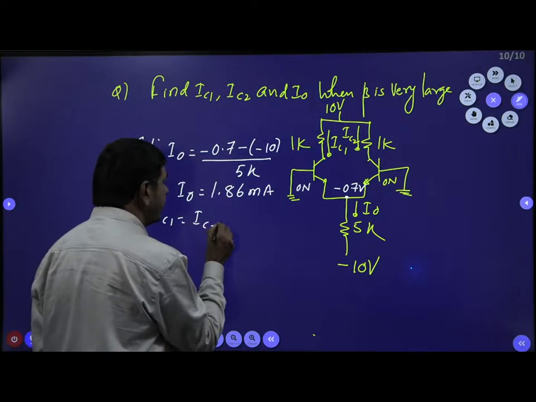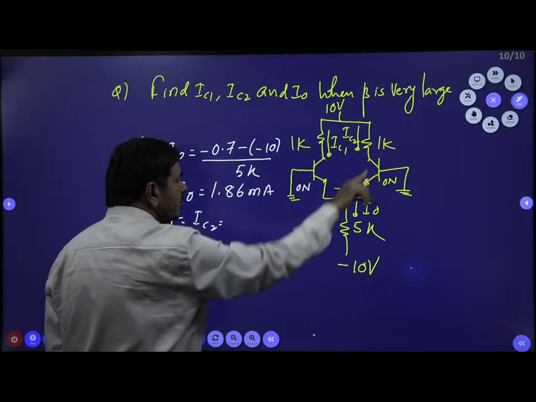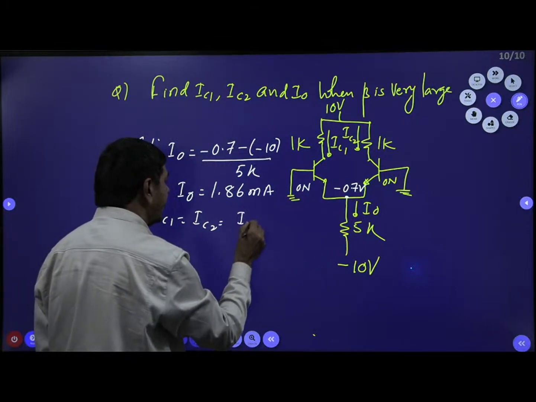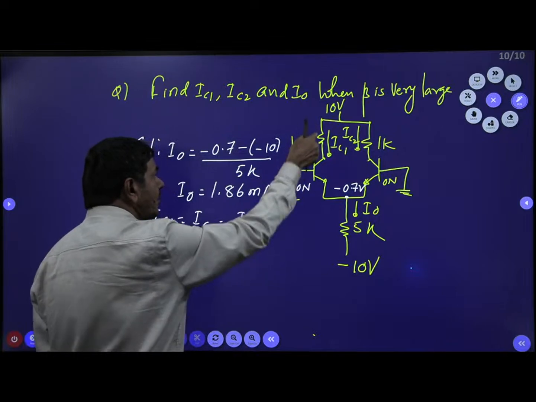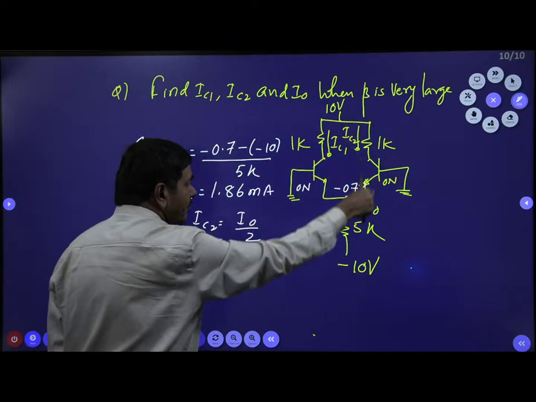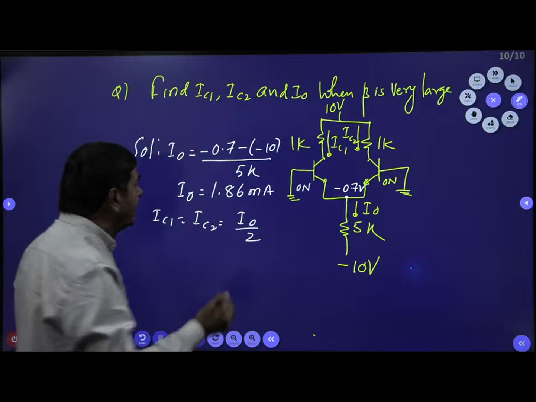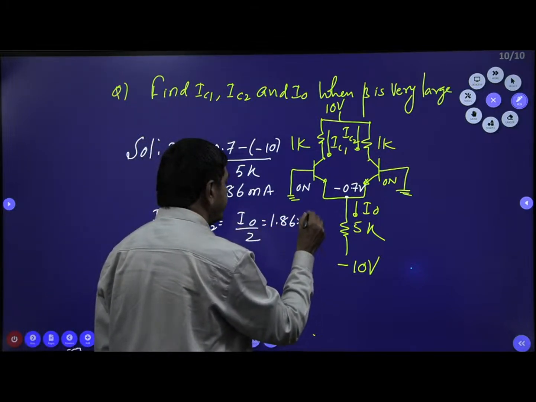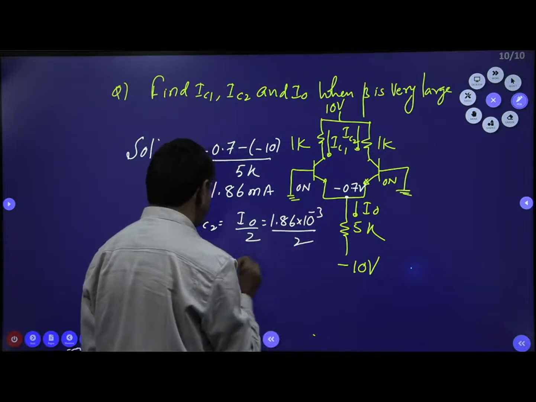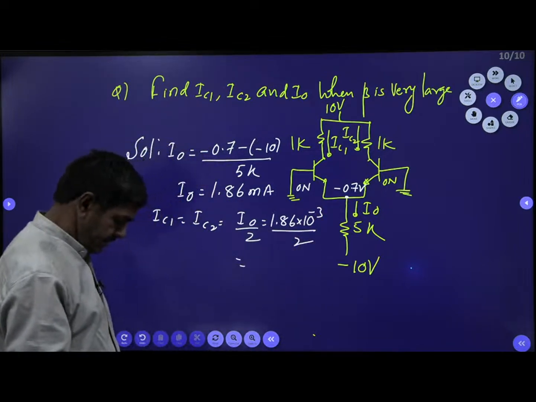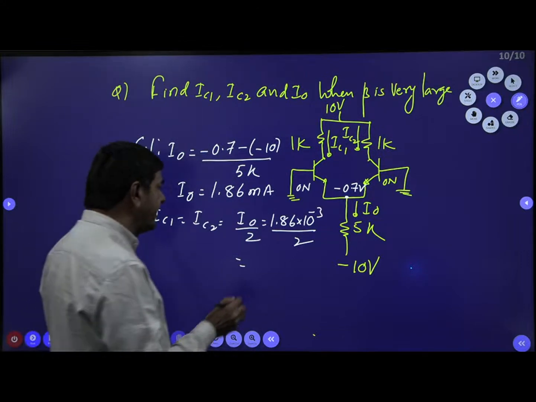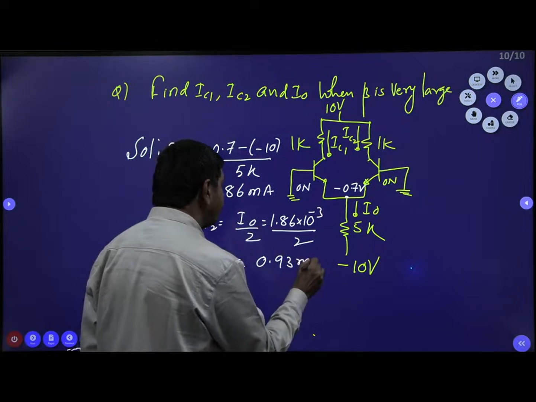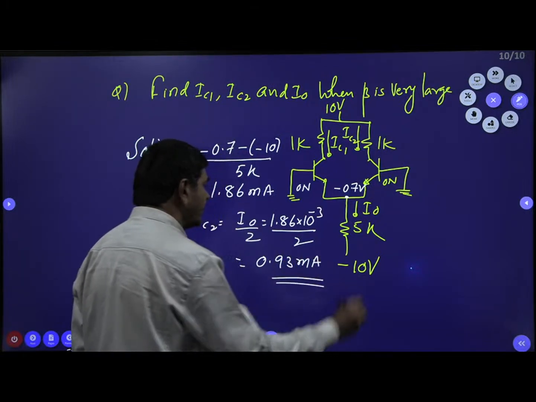IC1 plus IC2 equals I0, and both are equal, so each is I0 by 2. Half of I0 goes this side, and half of I0 goes the other side. I0 is 1.86 milliamperes, divided by 2, finally gives 0.93 milliamperes of current passing through this circuit.